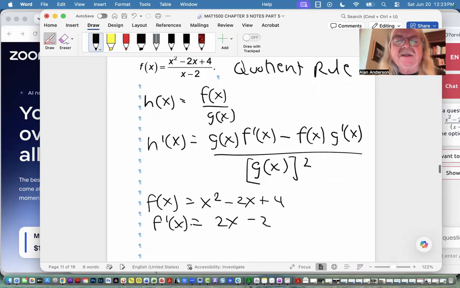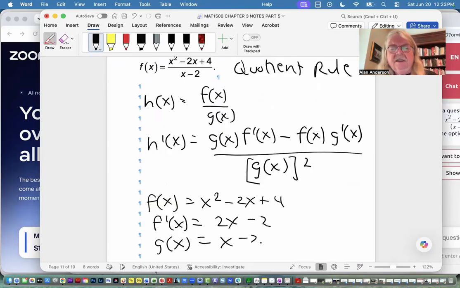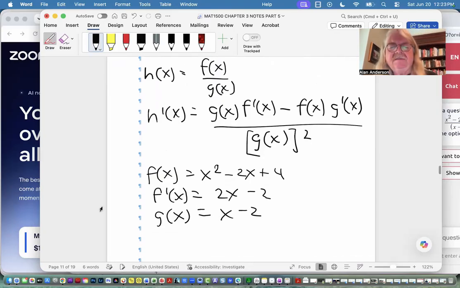G of x is x minus 2, and g prime of x is just 1.